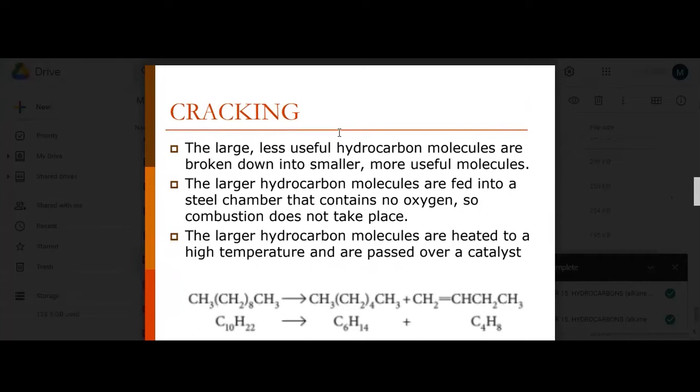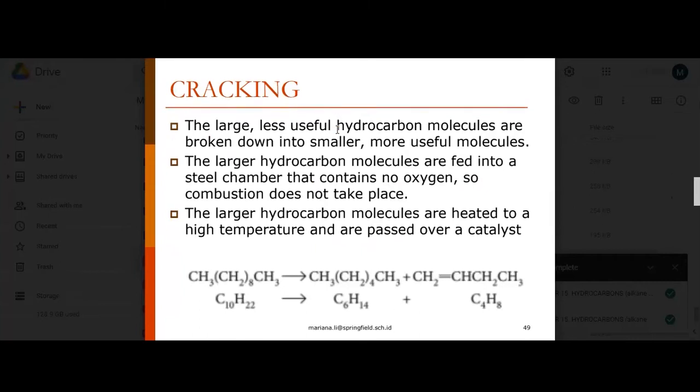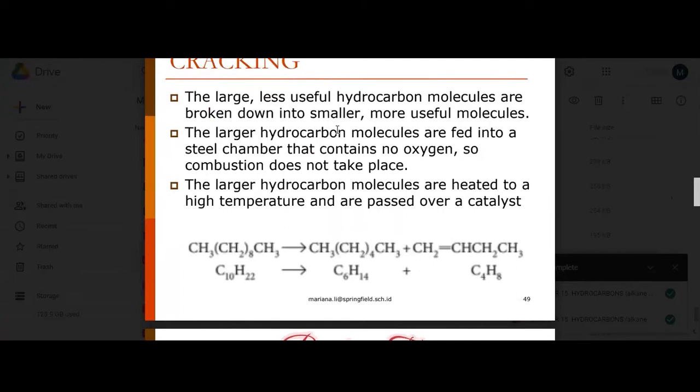So we can crack the long hydrocarbons to form more useful compounds. This can be done by using a high temperature and pressure.